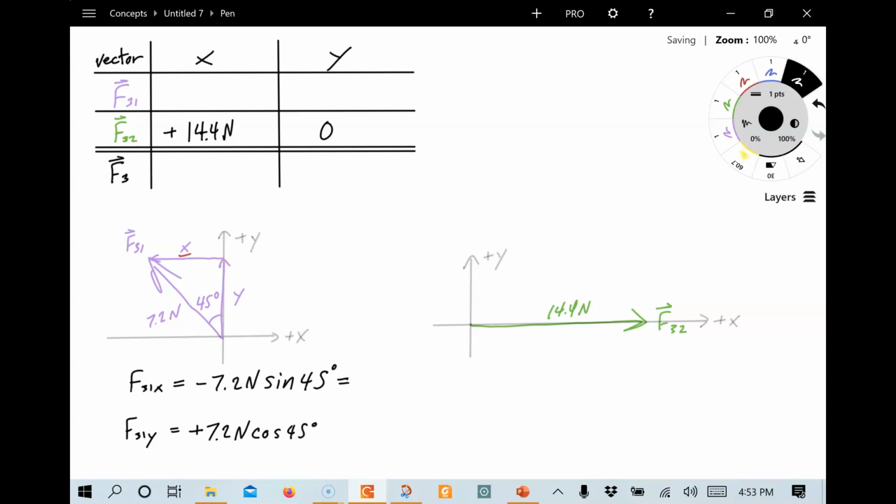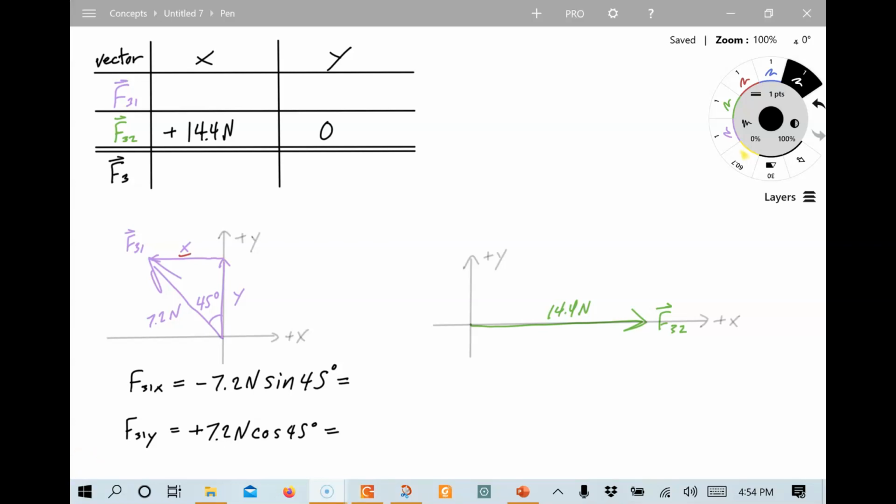Now notice I chose this particular triangle to do my components. You could have chosen this one, but the key thing to remember here is when you're picking your angles and you're using the trigonometry, look at the triangle you chose and do sine is opposite over hypotenuse, cosine is adjacent over hypotenuse, right? So that's the key thing to remember. Let's put these into the calculator, see what we get.